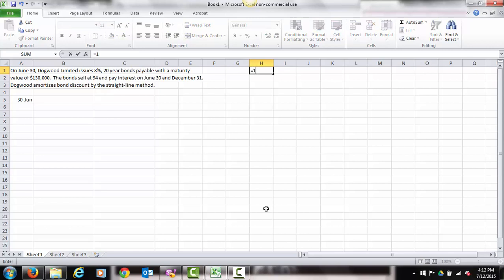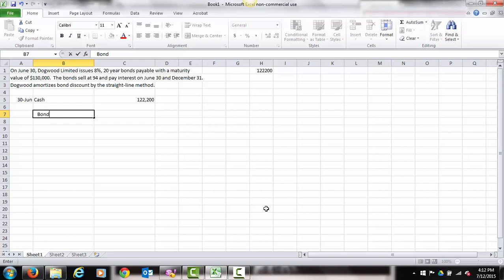So that means we're going to have $130,000 times 94%. We do that to figure out how much cash we got from the bondholders. And we got $122,200. So we have cash of $122,200.